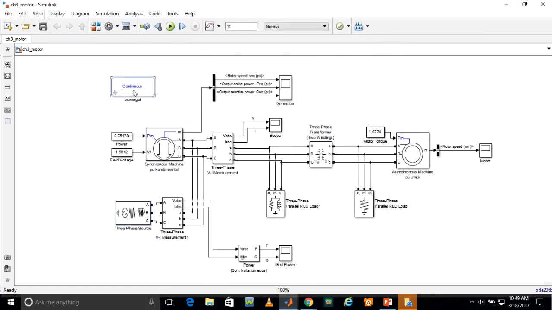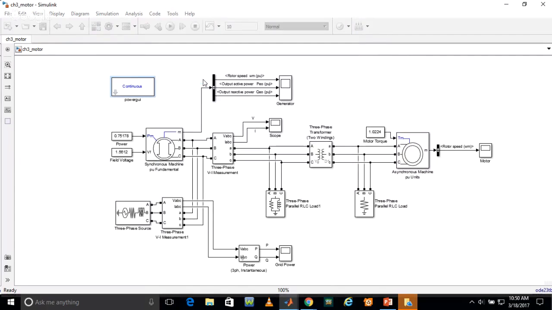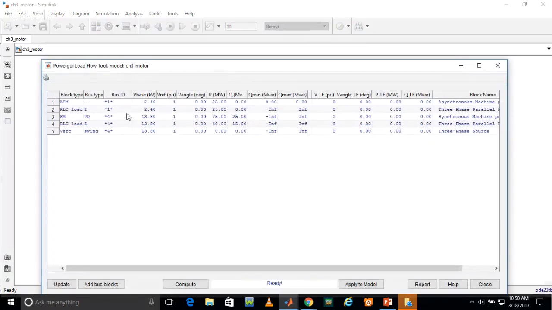So if we go to continuous PowerGUI, into tools and load flow, this is the whole system.